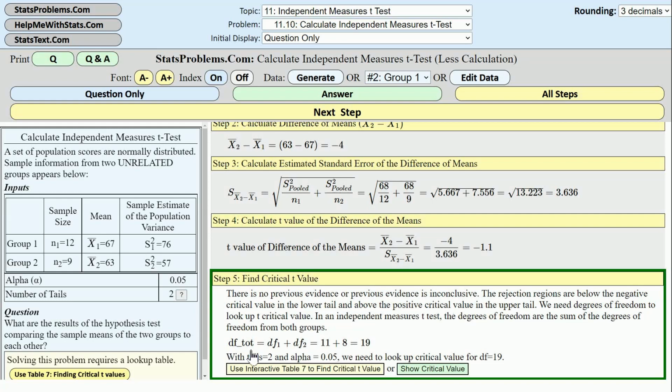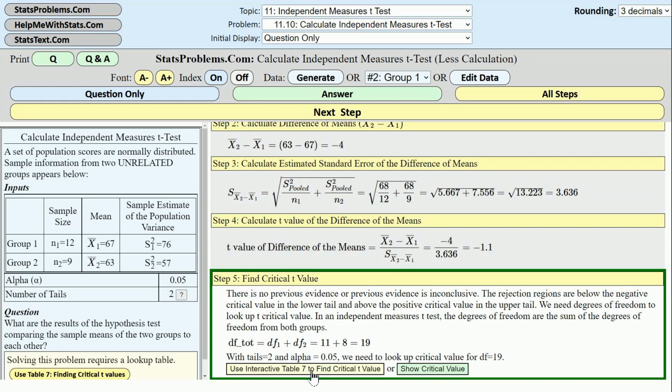Degrees of freedom total, df tot, equals the degrees of freedom from both groups added together, which is df1 plus df2, which is 11 plus 8, which works out to 19. With tails equals 2 and alpha equals 0.05, we need to look up the critical value for df equals 19.